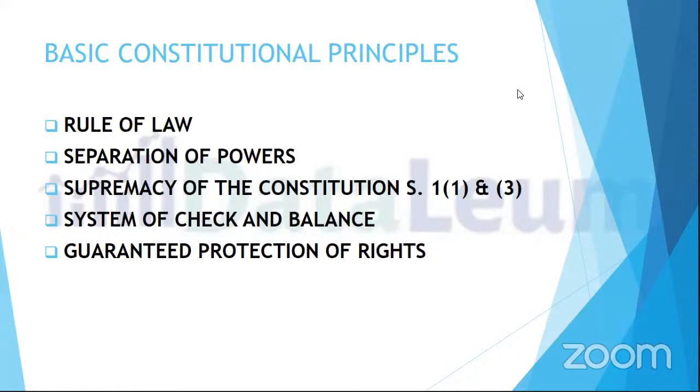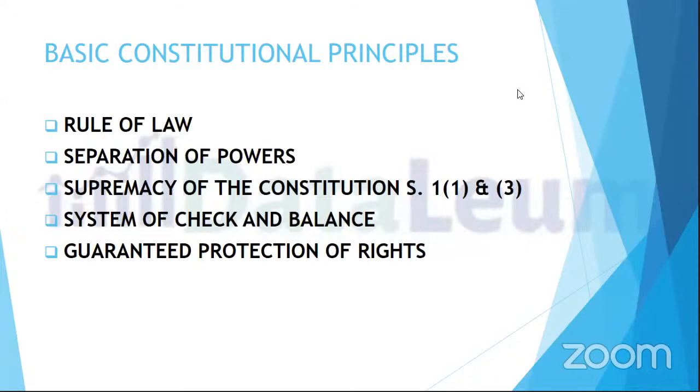So we also have the system of check and balance within these different arms of government, which are the executive, the judiciary, and the legislature. There is definitely a need, which everybody sees, that the Constitution creates a check and balance.